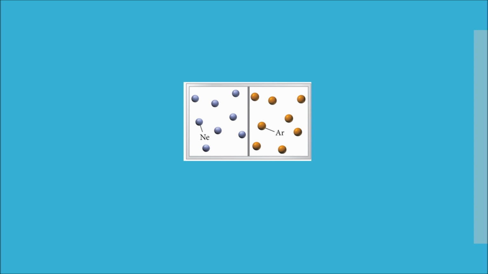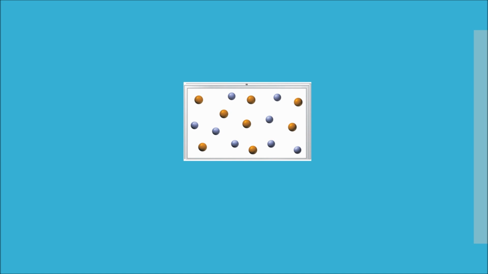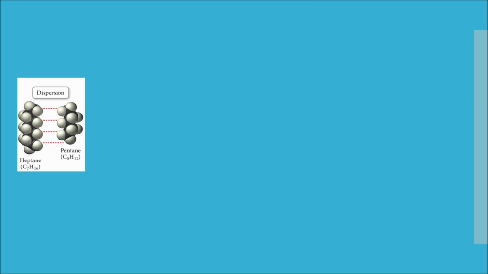Now, in a solution in which there were no intermolecular forces, you would expect two substances to spontaneously mix to form a homogeneous solution. If you recall, there are various types of intermolecular forces that have to be overcome in solution.